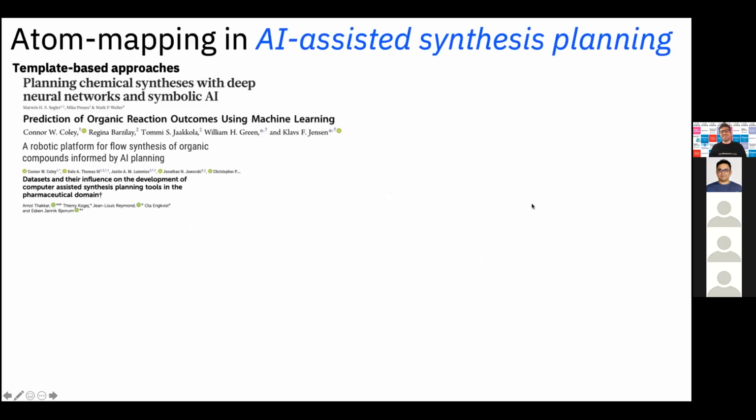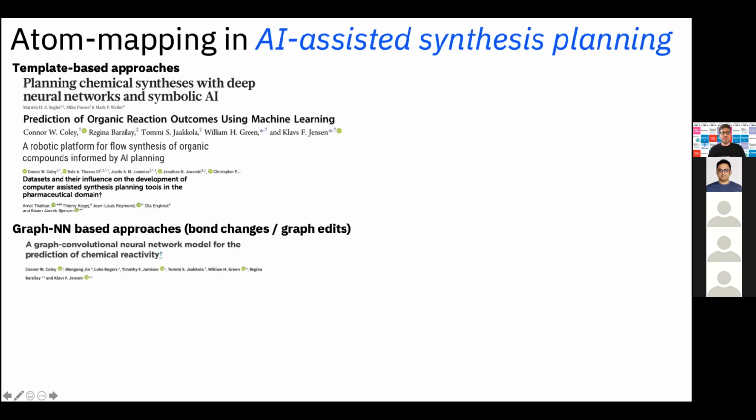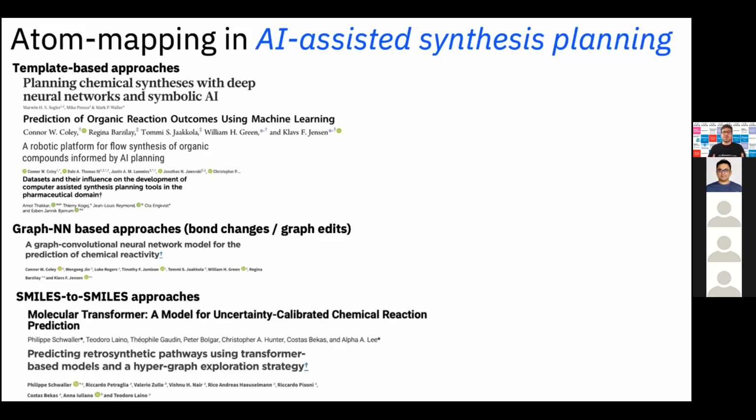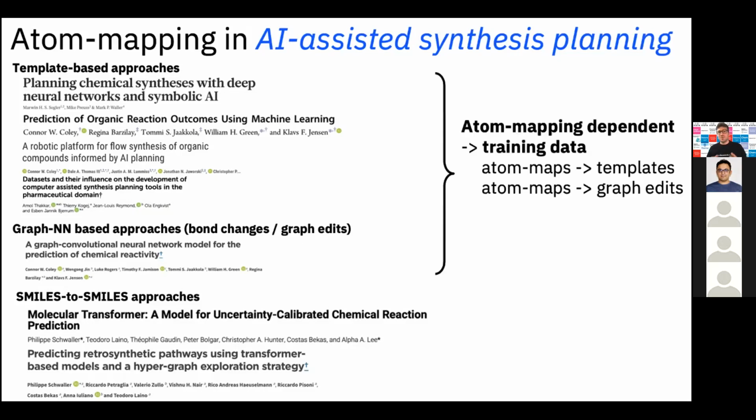We've seen in all those talks at this conference the work by Marvin Segler and by Connor Coley, and there's also lots of template-based work by the people at AstraZeneca. We have graph neural network-based approaches that predict bond changes and graph edits, and also the SMILES-to-SMILES approaches that I was presenting to you at the beginning of my talk. The first two methods are atom mapping dependent because they use the atom mapping to generate the training data.